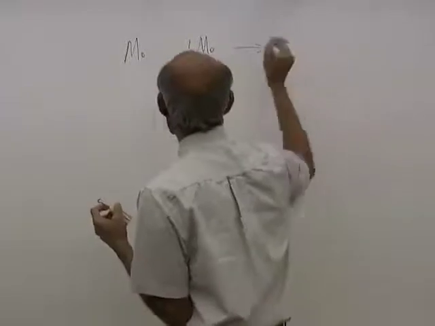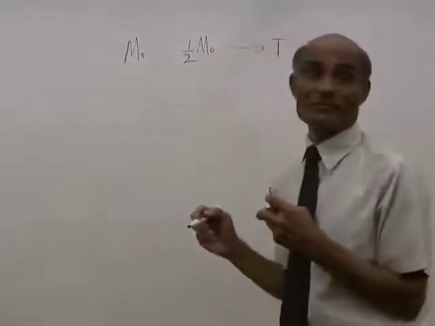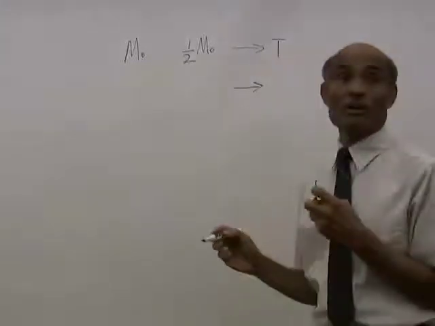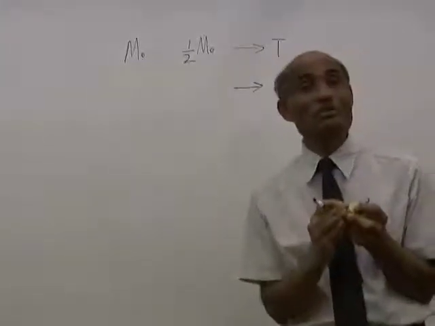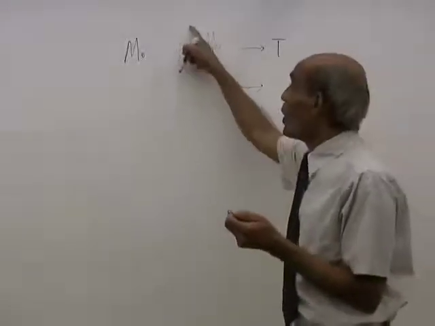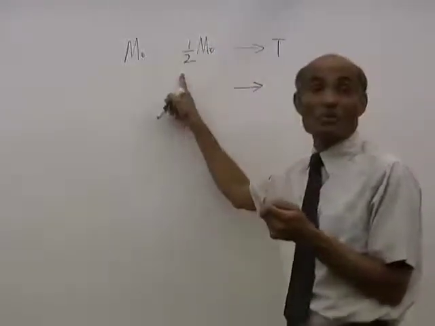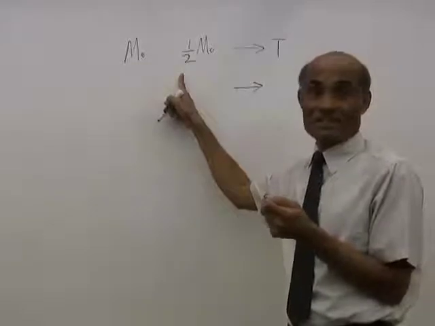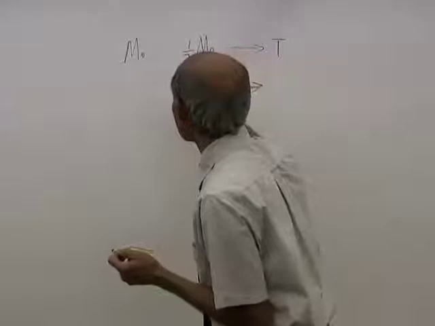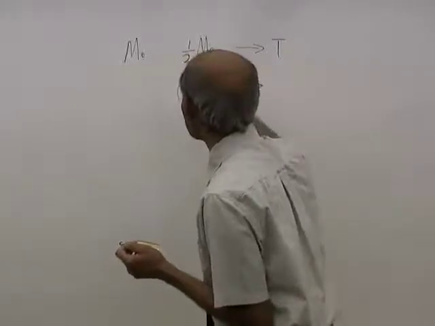So this is after one half-life. Tell me, after another half-life, how much of the original material is left? After another half-life, only half of this will be left, isn't it? So half of this will be 1/4 of m0.